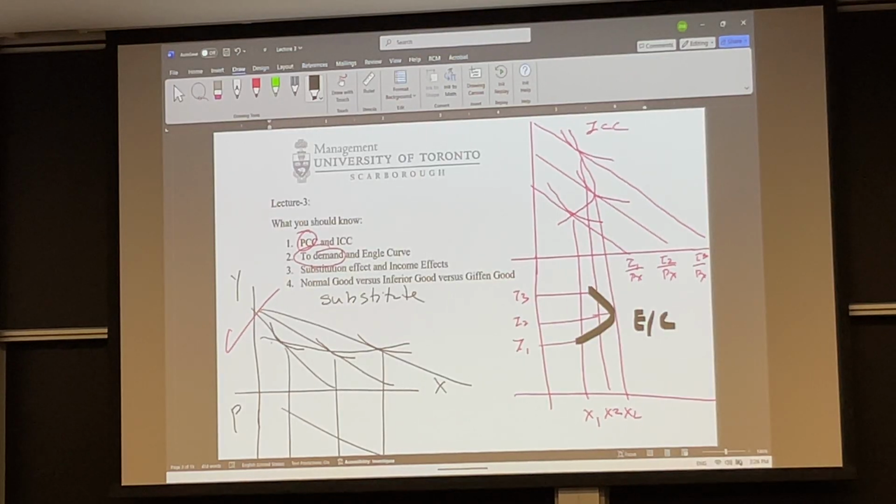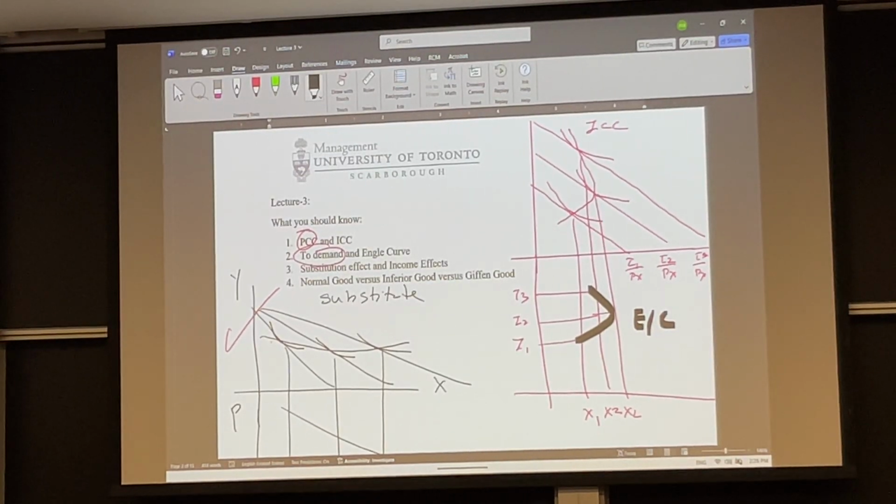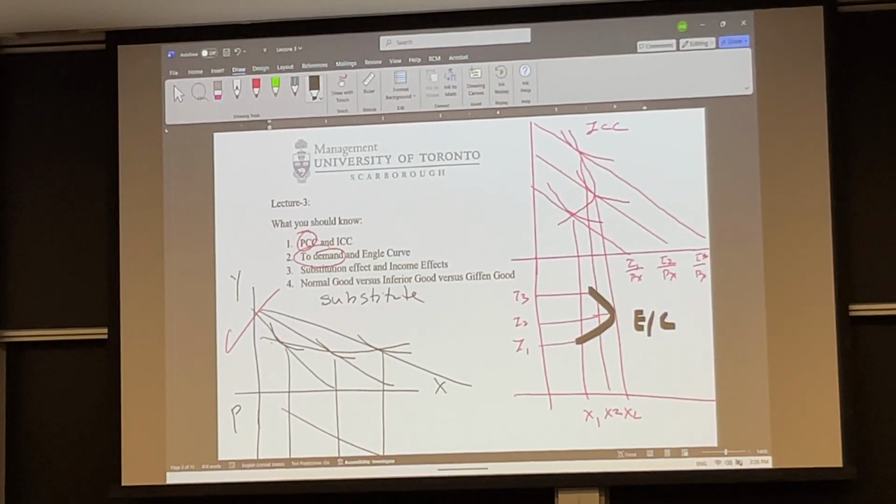But for demand, you change the price of X and see what happens. For the Engel curve, you change the income, see what happens. Make sense? In this case, the income is rising from I1 to I2. This individual goes from X1 to X2. It consumes more. Then the income rises from I2 to I3.